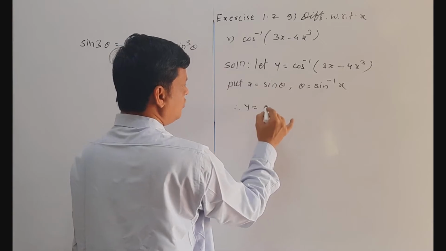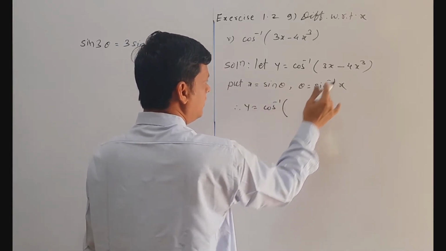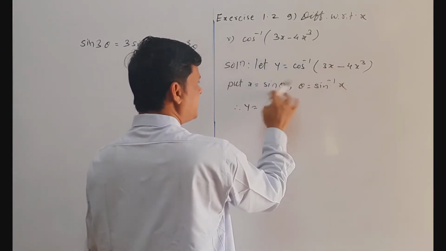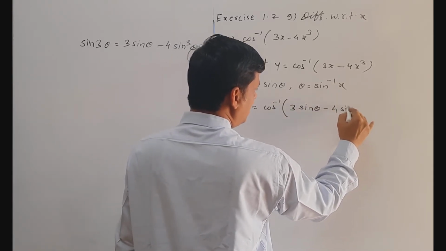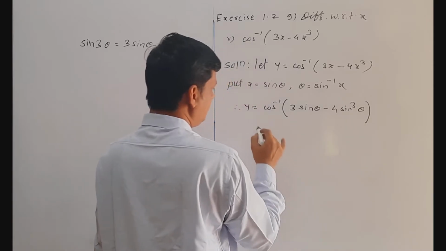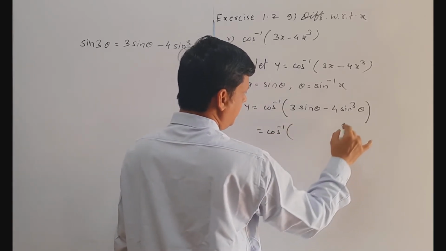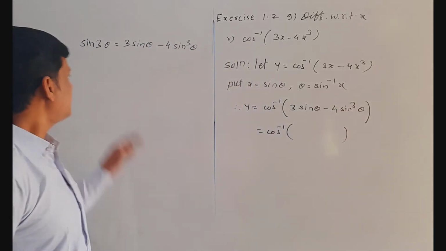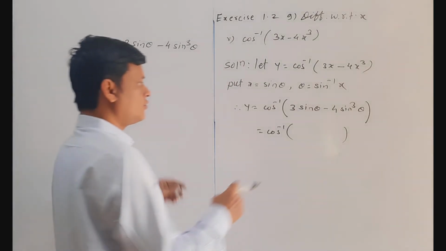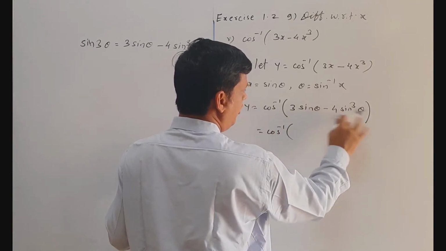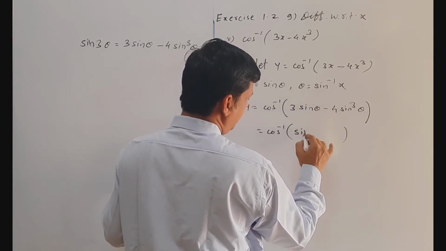Therefore y is equal to cos inverse of 3 sin theta minus 4 sin cube theta. So we write this bracket as sin 3 theta by using the triple angle formula.